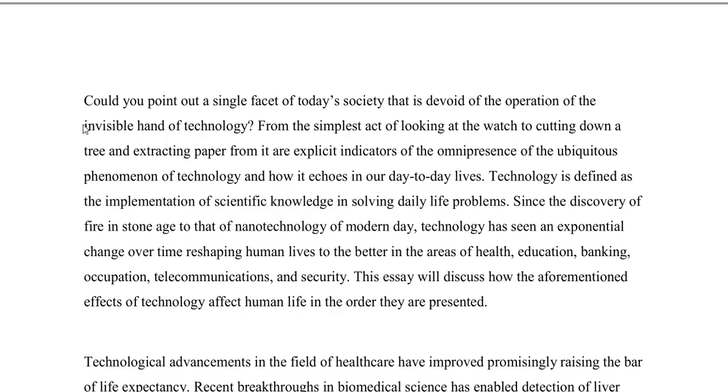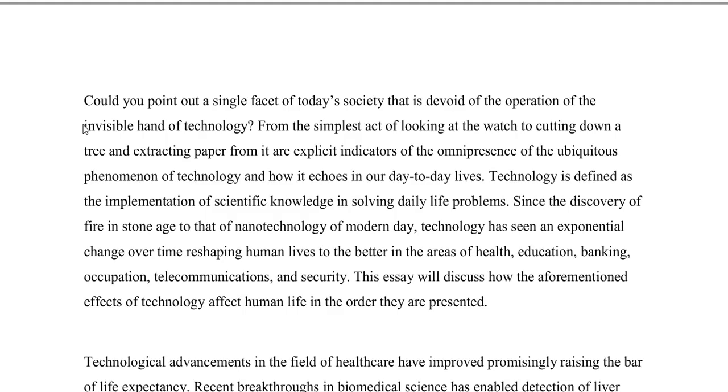Invincible hand of technology. From the simplest act of looking at the watch to cutting down a tree and extracting paper from it are explicit indicators of the omnipresence of the ubiquitous phenomenon of technology and how it echoes in our day-to-day lives. Technology is defined as the implementation of scientific knowledge in solving daily problems.